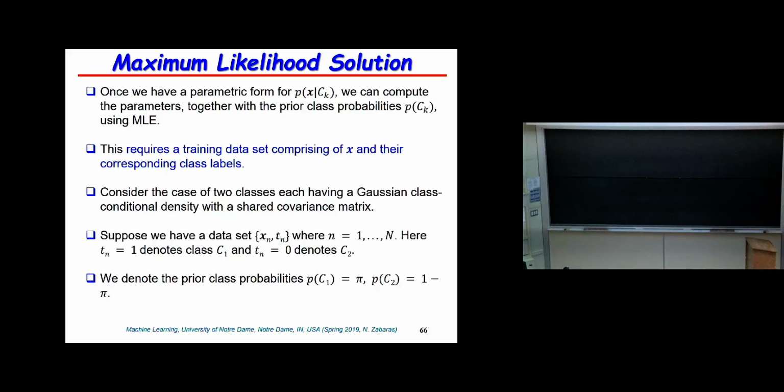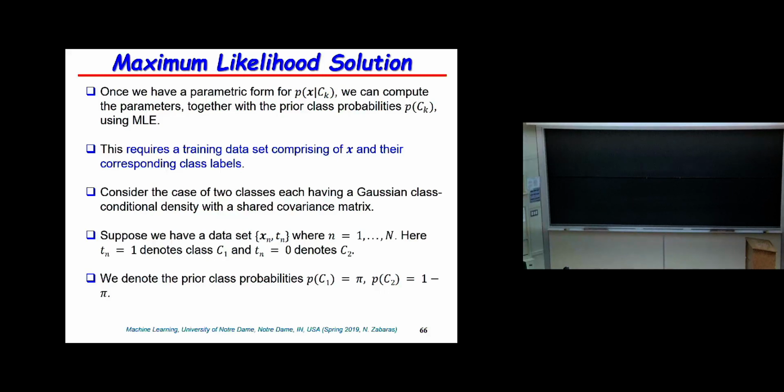I tell you point 1 is class 1, point 2 is class 2, etc. Also I'm going to put some prior distributions on the classes that I call pi and 1 minus pi. I don't know what pi is, so we're going to compute it. But we need to have training data, which you see here.